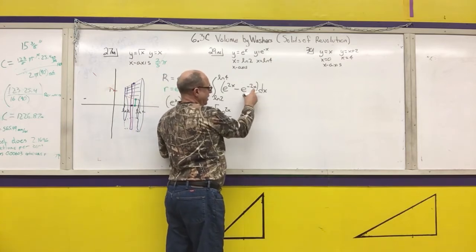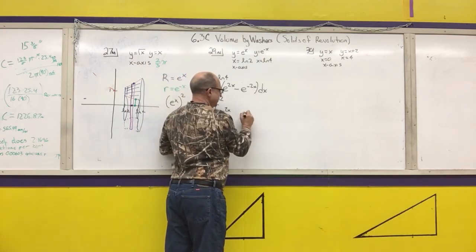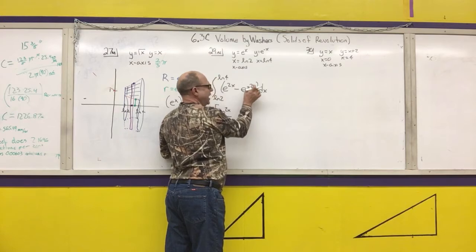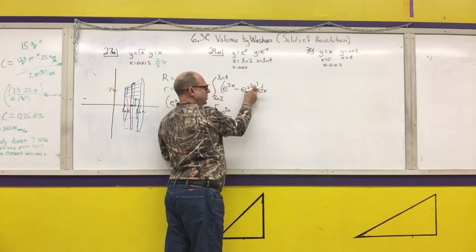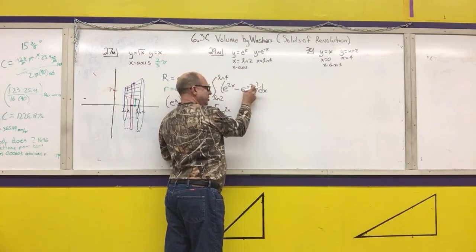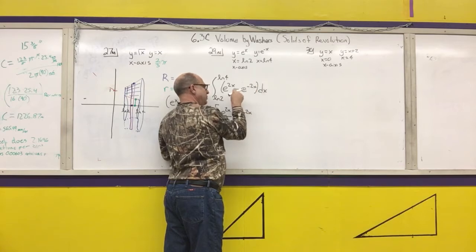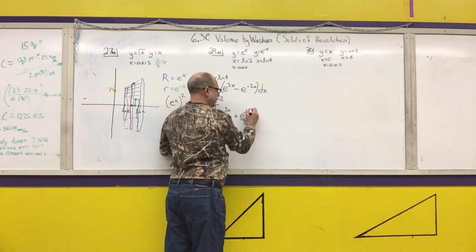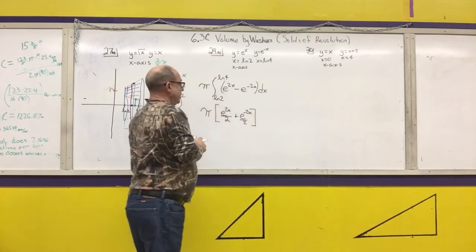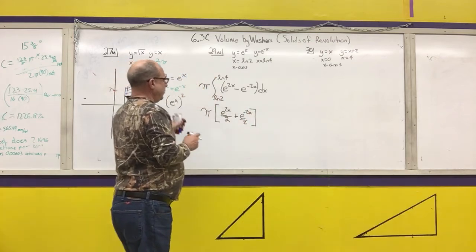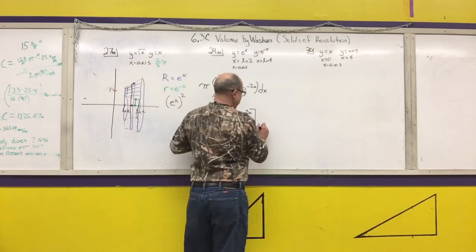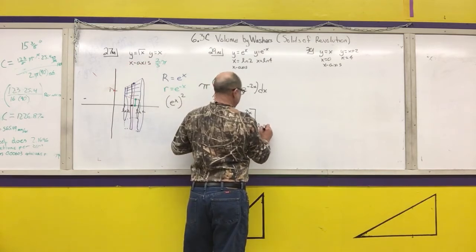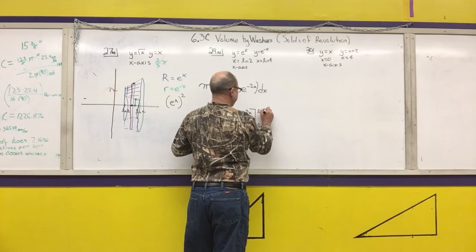The derivative of e to the negative 2x is e to the negative 2x divided by the derivative of the inside function, which would be dividing by negative 2. Negative 2 times the negative is going to turn it into dividing by 2. I want to evaluate this between the natural log of 2 and the natural log of 4.